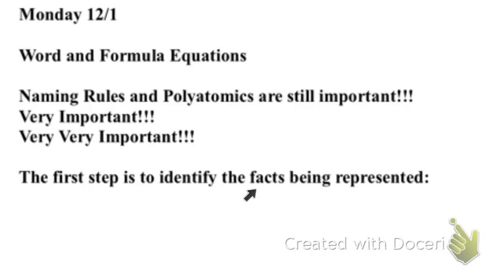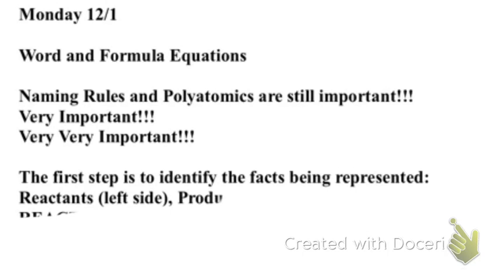By identifying the facts being represented, what I mean is you need to identify what the reactants are, and the reactants are always on the left side, and what the products are, and the products are always on the right side. And by right or left side, I mean the right or left side of this yield sign.